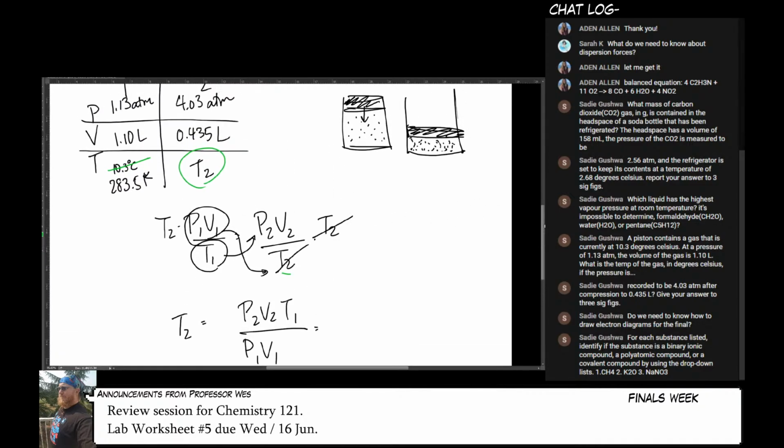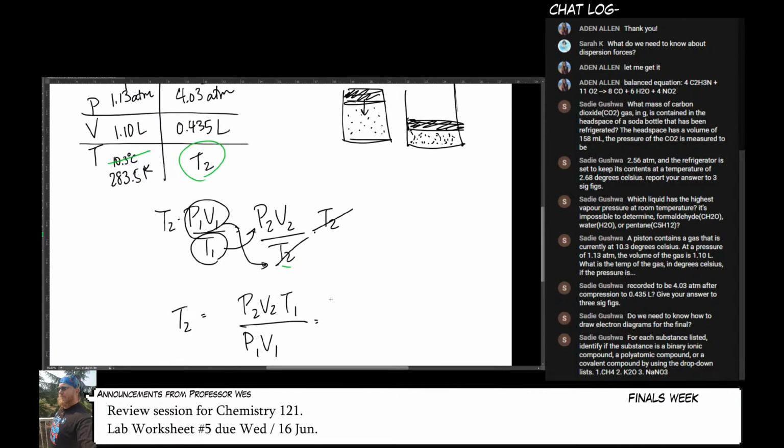I don't know what any of these numbers are. So pressure 2 was 4.03. Volume 2 was 0.435. Temperature 1, 283.5 Kelvin. Pressure initial 1.13 atmospheres.